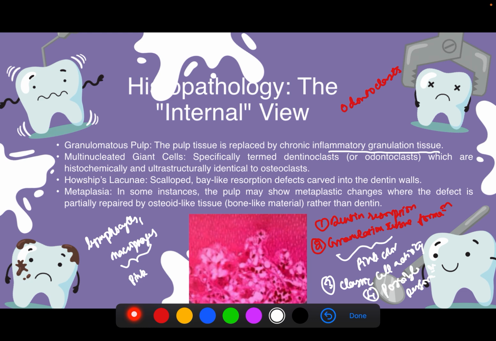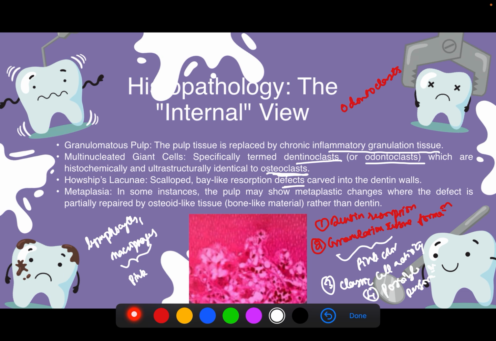The multinucleated giant cells, specifically termed dentinoclasts or odontoclasts, are histochemically and ultrastructurally similar to osteoclasts, which I have discussed earlier. Then there are Howship's lacunae, scalloped bay-like resorption defects carved into the dentin walls.